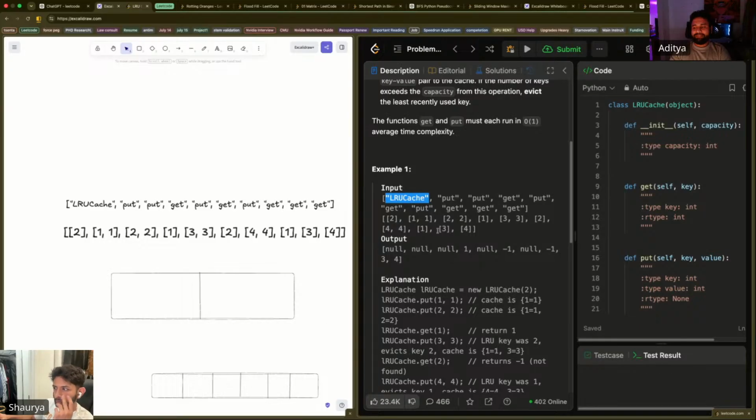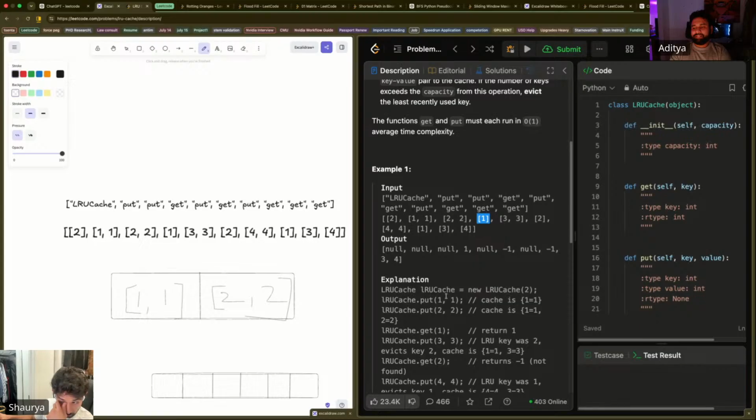And now it's saying put 1, 1. So 1, 1 would be over here in the first one, right? And then it's saying put 2, 2, right? So 2, 2 comes here. Now it's saying get 1. So it needs to take it out, right?